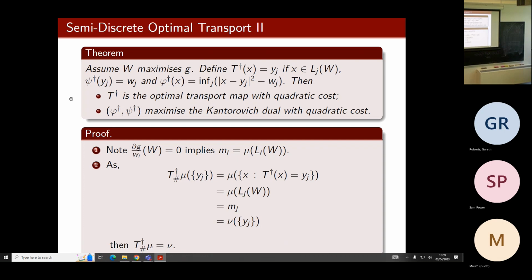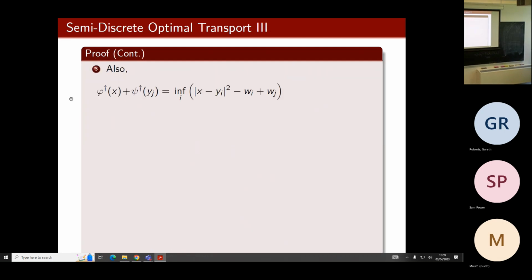So this psi dagger x, when x is in the jth Laguerre set, this just means that this is exactly the set which achieves this minimum here. So I think it does follow directly from that.